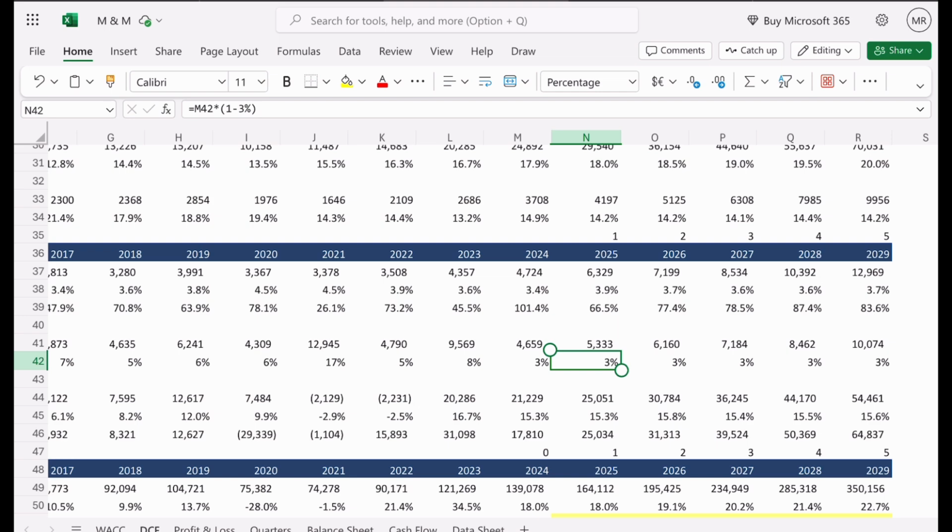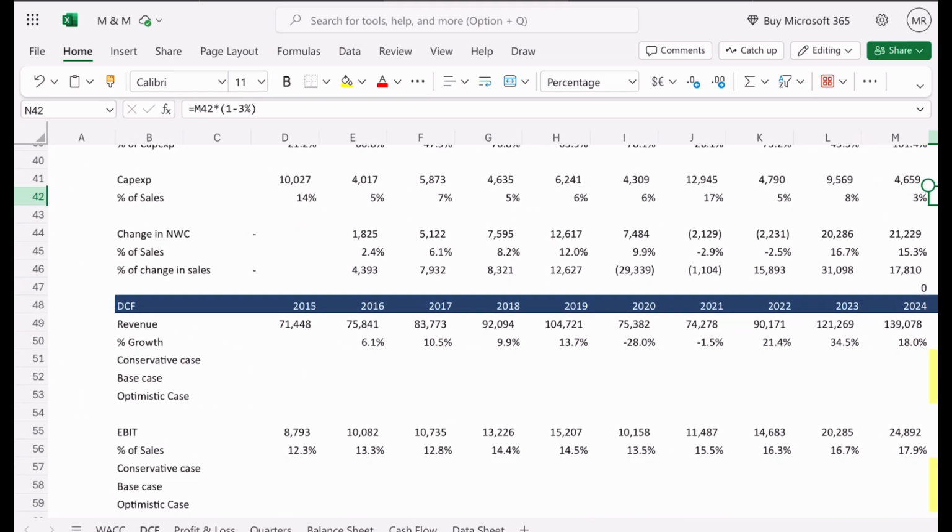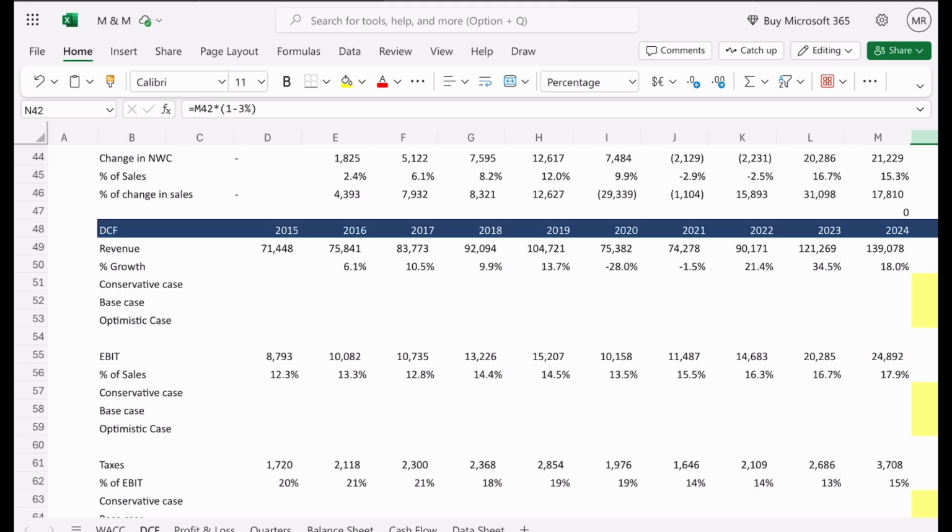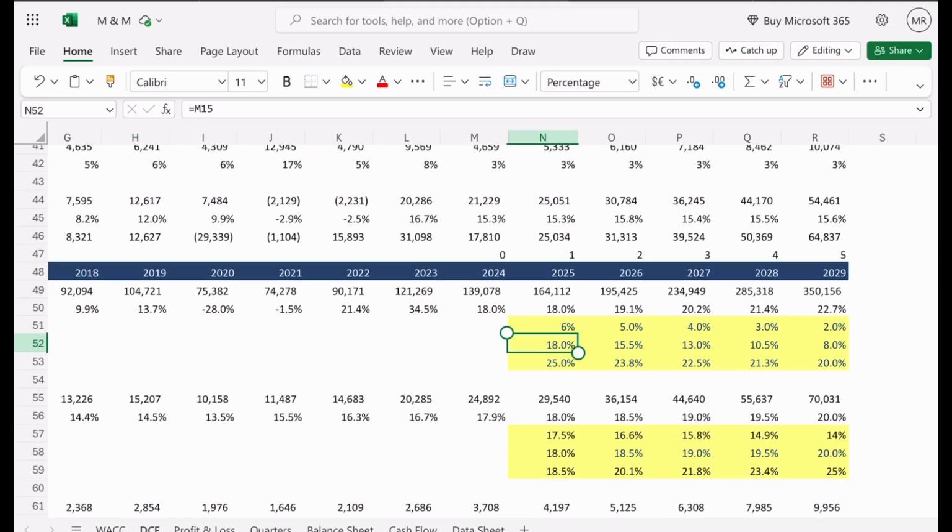It's going to give you a rough idea of what is going on in the market right now. And actually I want to build three cases: conservative, base, and optimistic, but I'm only able to operate in one. I think I messed something up in the formula. I will check that later.